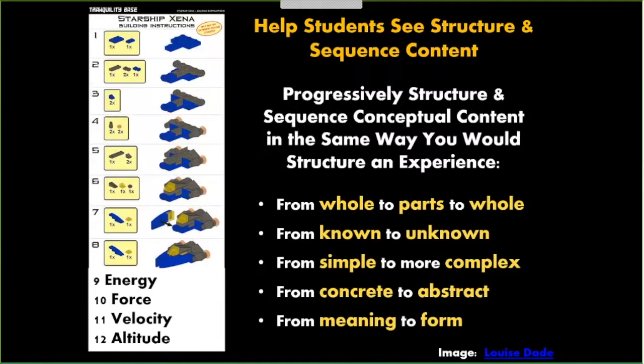We want to move from the known to the unknown. So the things that students are already familiar with, and then progressively working toward things that they may not have as much experience with. Obviously, we want to build so that things move from simple uses of language to progressively more complex uses of language. And we don't want to wait to do that.